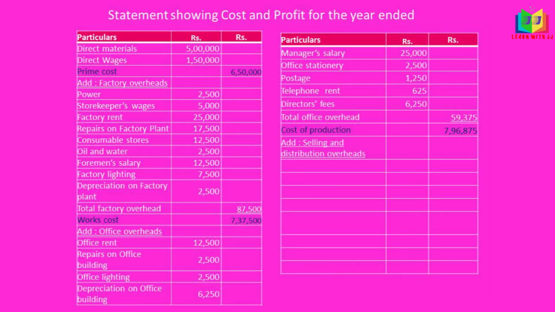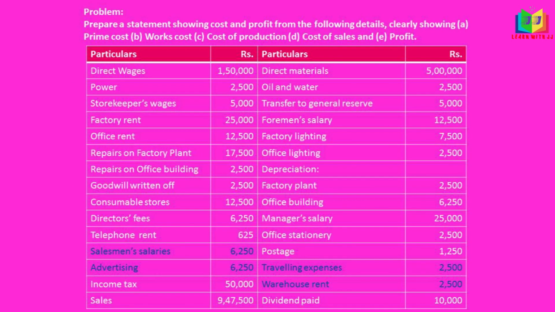Once we got this cost of production, we have to add the selling and distribution overhead. Here we have salesman salary, that is the selling and distribution overhead, and advertising. This also relates to sales, so that will come under selling overhead.